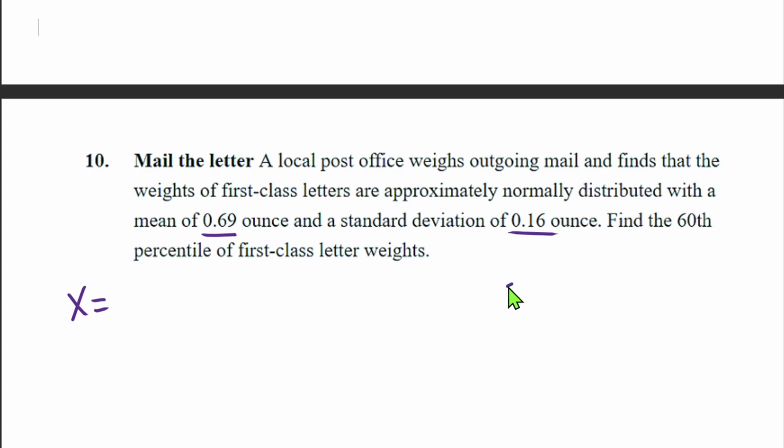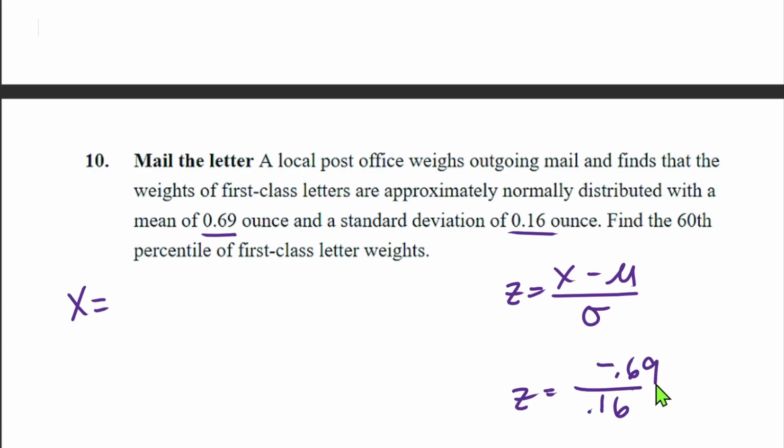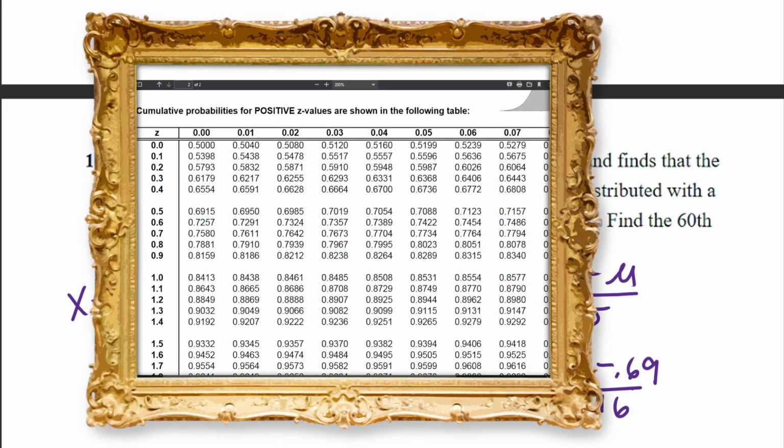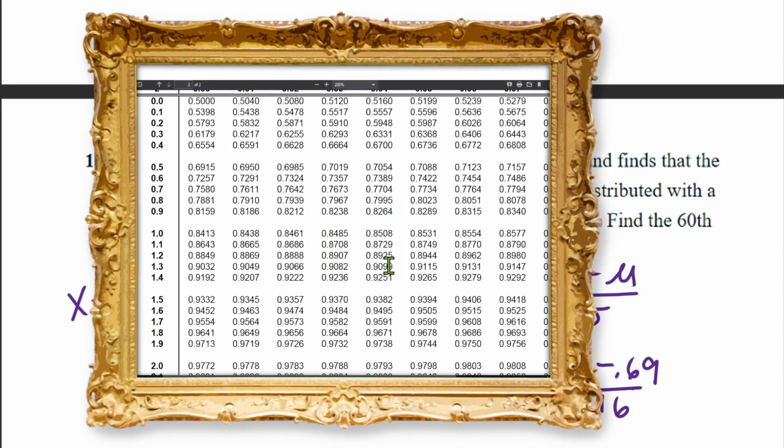So we're looking at this type of little calculation for z. We know standard deviation. We know the mean. We're looking for the x, so we're going to put x. But the z-score, well, we should know the z-score. The z-score is coming from the 60th percentile. So what is the z-score for the 60th percentile? So in this case, we just kind of have to use the table backwards. And so that means that we're going to look for 0.60 inside here.